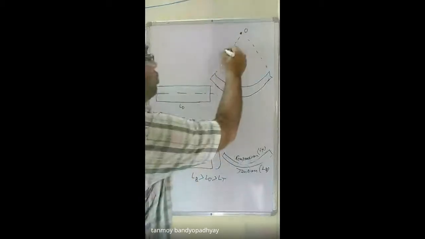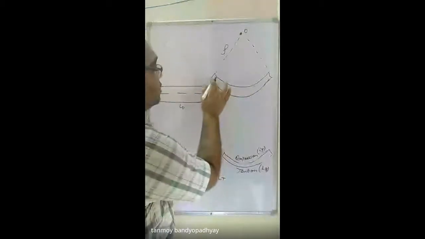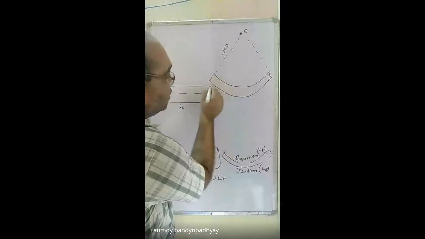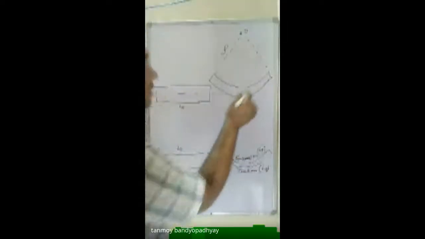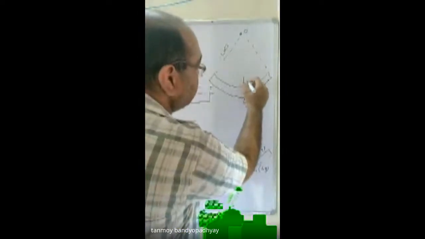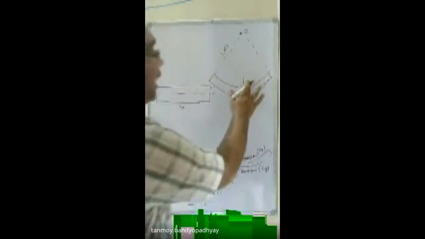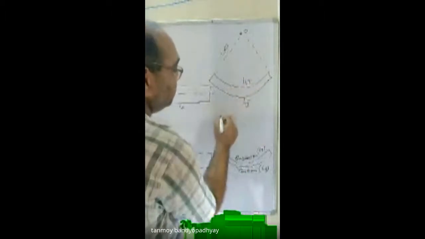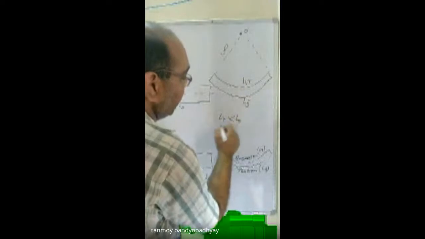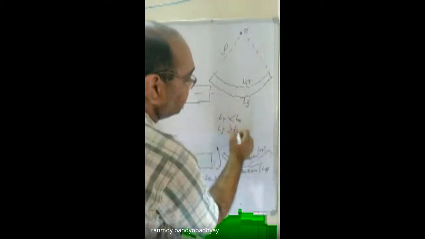So let's draw with the center of curvature. You can understand that the lower portion is under tension. The length of this lower portion will be LF, and the top portion's length will be LT. So I hope you can understand that LT is always less than L0 and LF is always greater than L0.